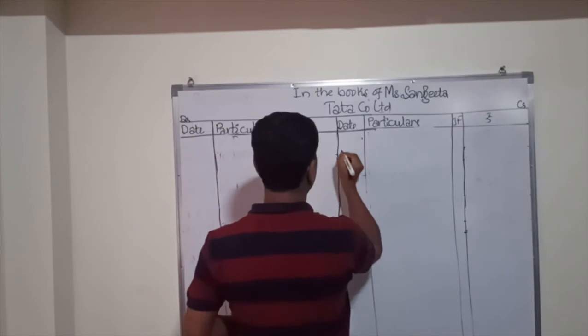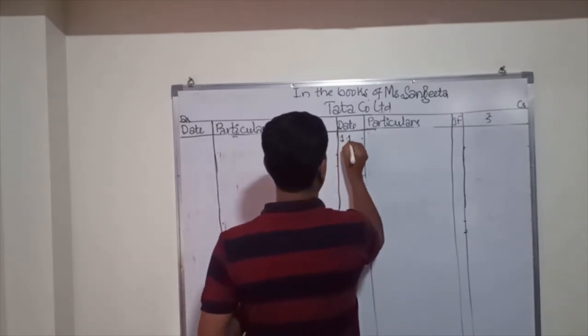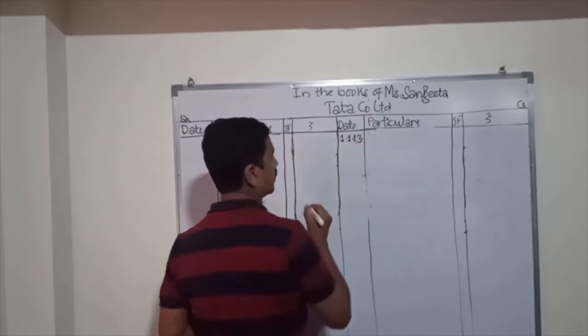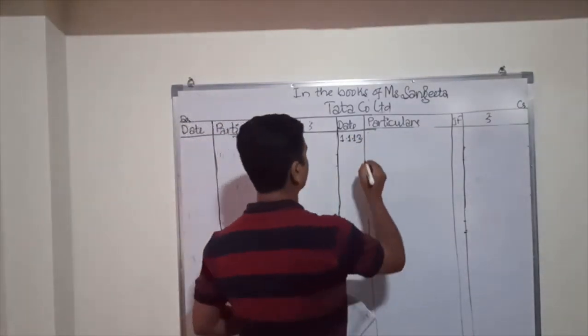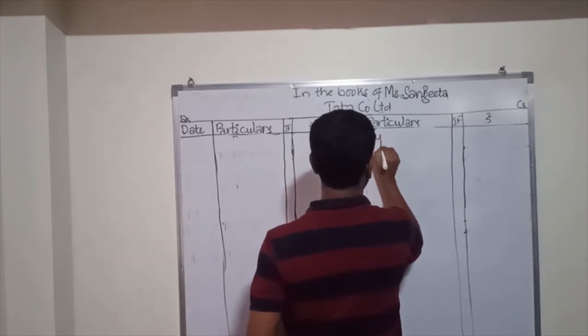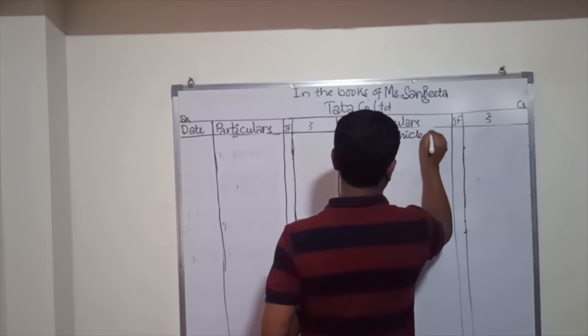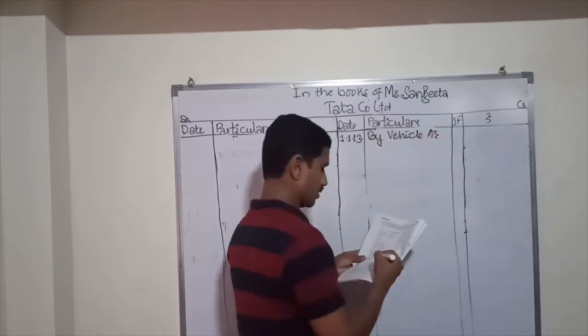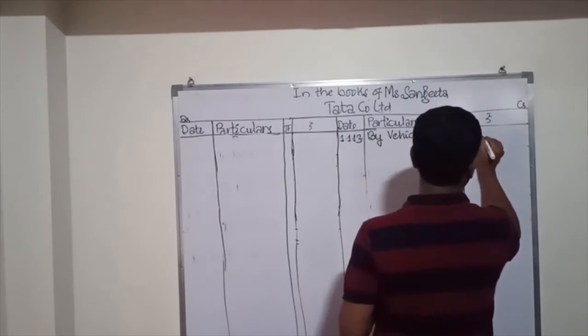So the agreement is signed on 1/1/13. When the down payment is payable, then entry will be vehicle account debit to Tata Limited. So Tata Limited is credited by vehicle account. So it is the down payment here, it is 19,200.